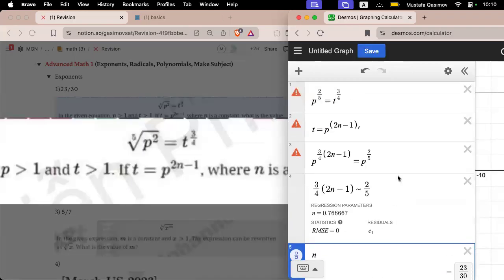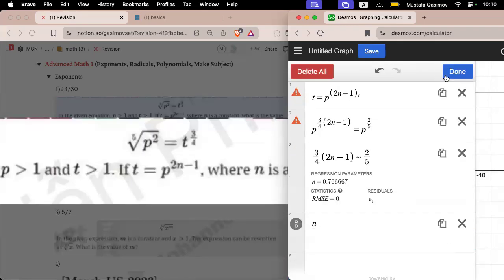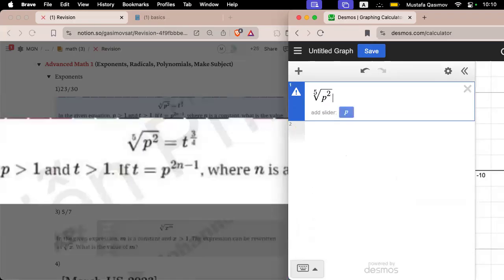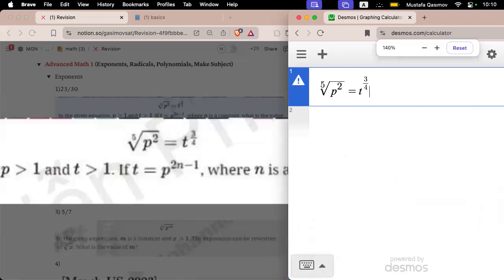It is actually the best method for me. But if you want, you can also do it like this. Let's remove all of them. You can write the equation here: nth root of 5 p squared is equal to t with power of 3 over 4. And also we have t is equal to p with power of 2n minus 1.